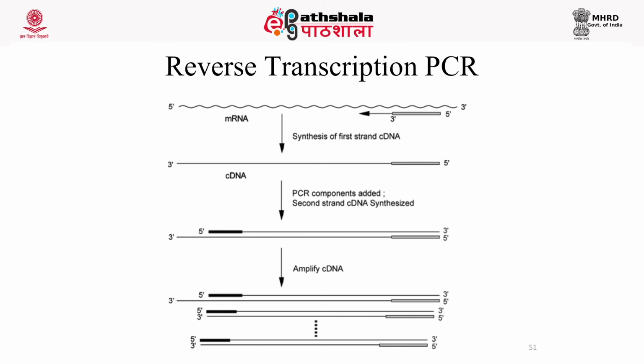After cDNA is formed, the PCR components form the second strand of cDNA and a double-stranded cDNA is formed. This double-stranded cDNA is amplified in a PCR reaction to get multiple copies of the cDNA.